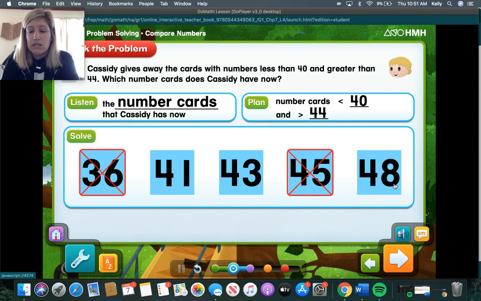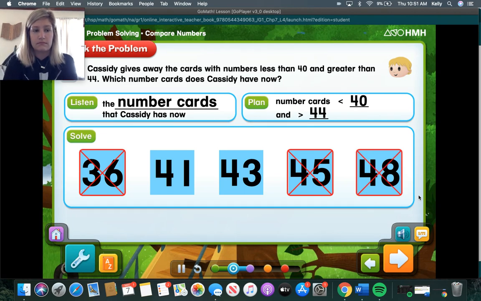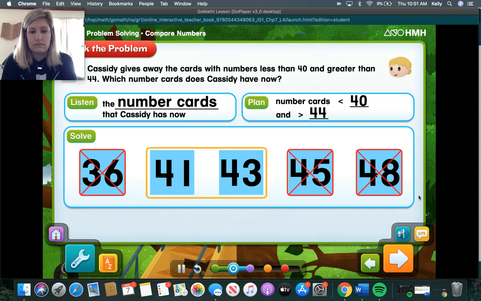There's 8 ones. So is 48 greater? Yes, it is. Yes, 48 is greater than 44. The number cards 45 and 48 are crossed out. They are greater than 44. So now you know Cassidy has number cards 41 and 43 and gave the rest of the cards away.